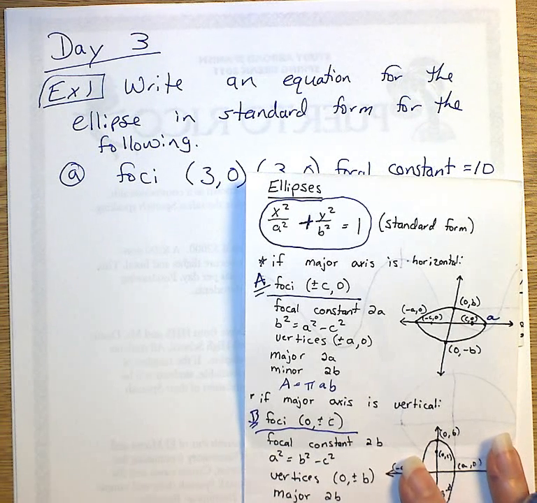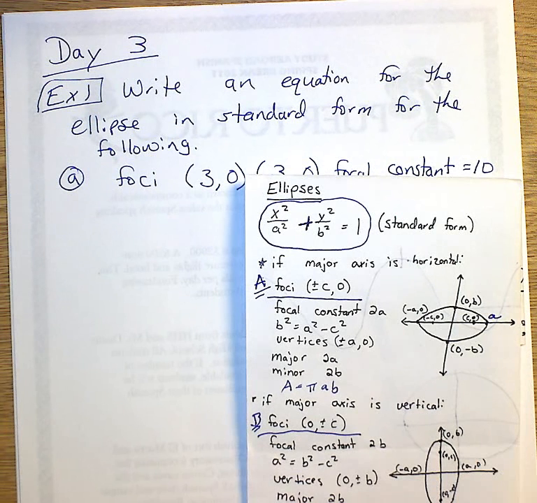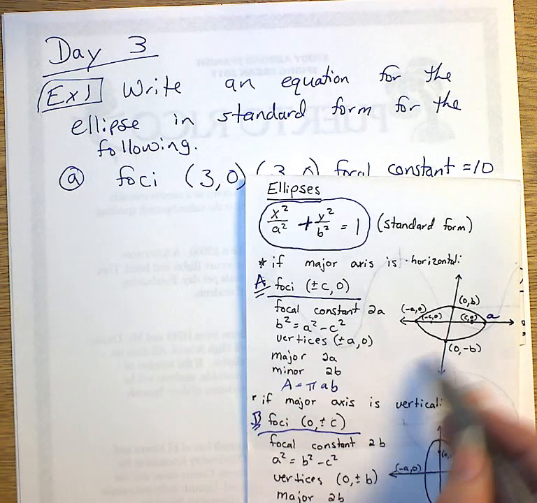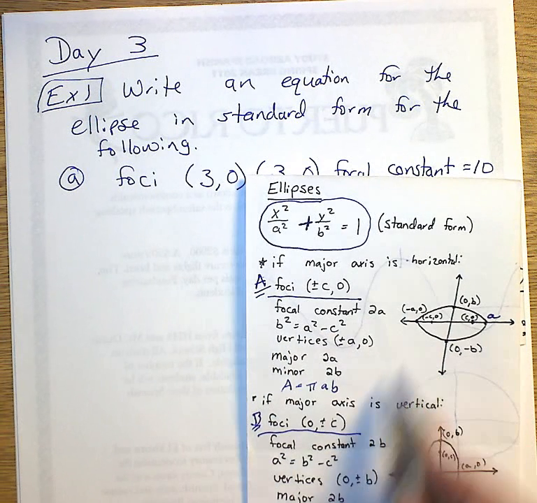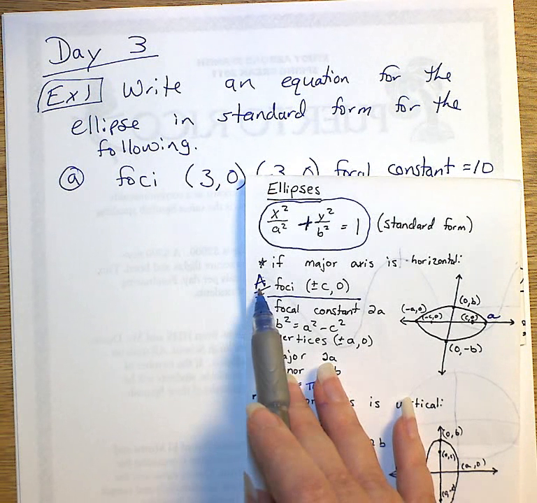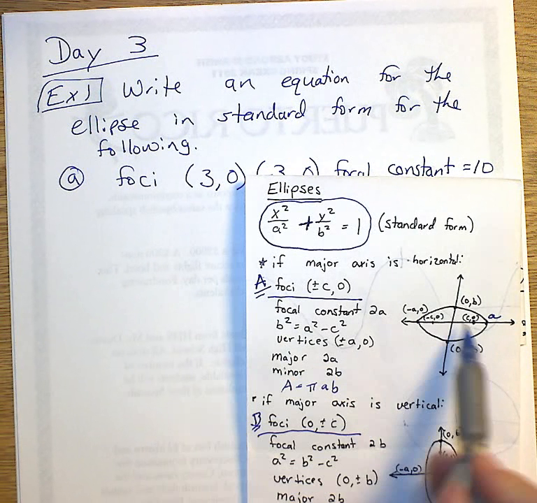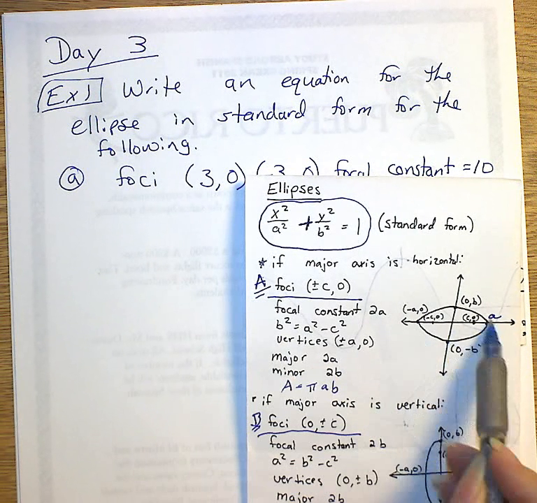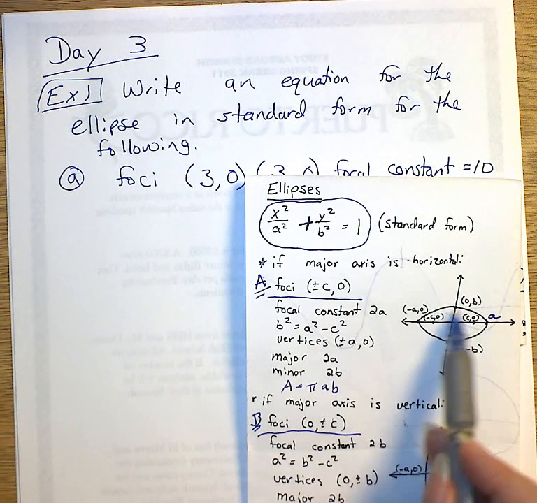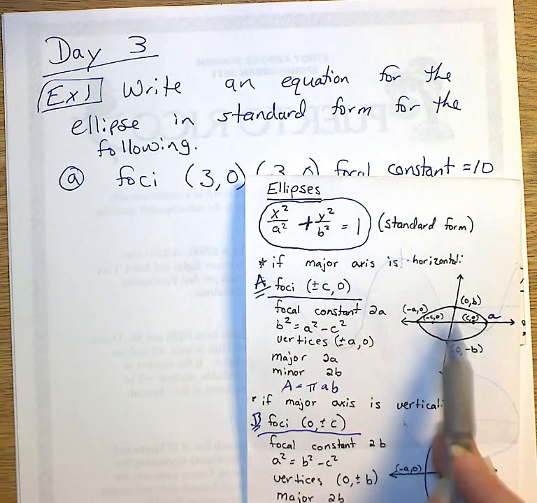Also, I want you to know that this is situation A and this is situation B. So situation A, hopefully you notice, is where your x-axis is the longer one, and so your foci are on the x-axis.